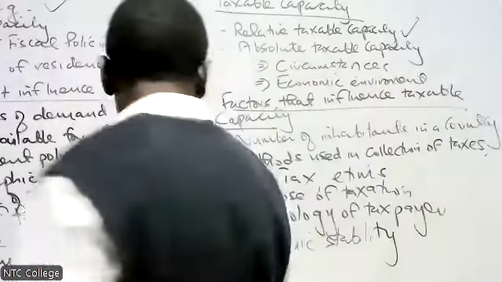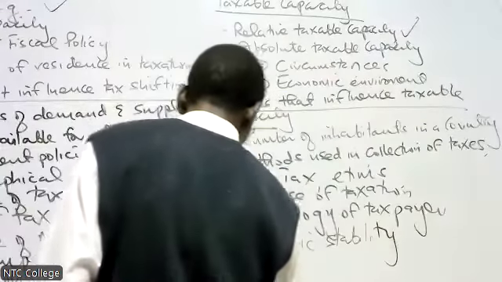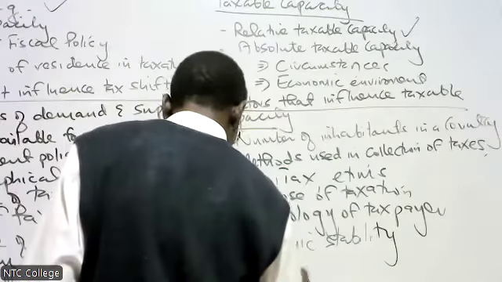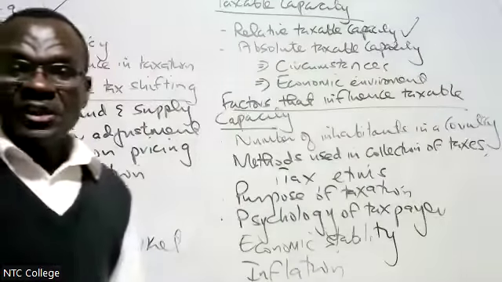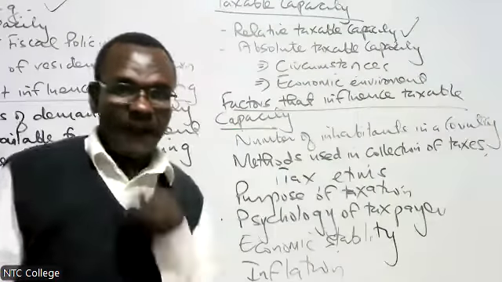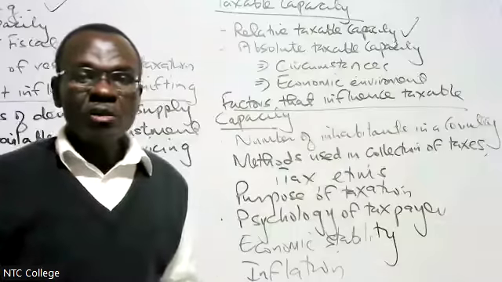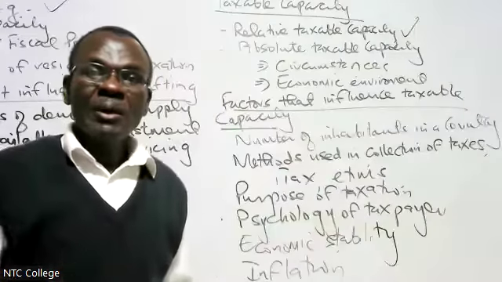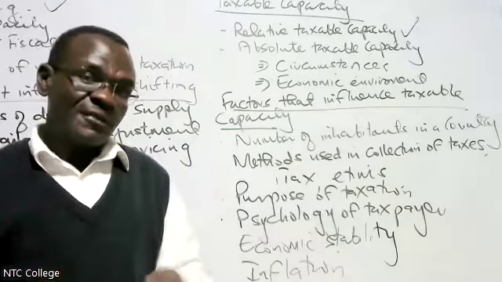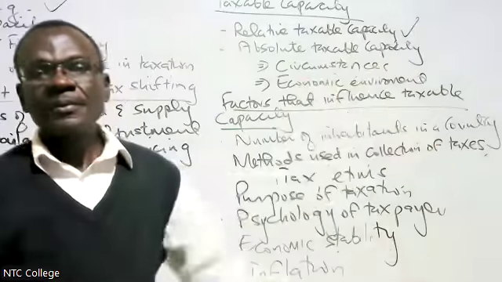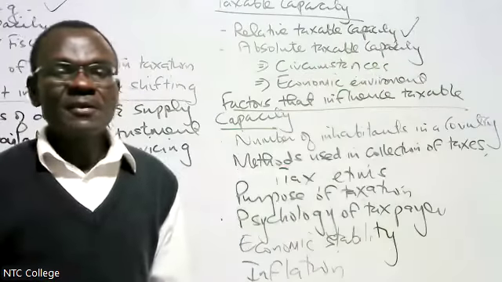The last factor is called inflation. So inflation could be because of costs. So it's called cost push inflation, where the cost of production has increased. And so the producers have to increase prices of goods. So goods become more expensive.